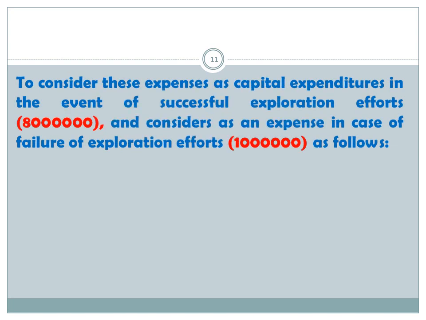We consider these expenses as capital expenditure in the event of successful exploration efforts, according to our example 8 million, and as an expense in case of failure of exploration efforts, 1 million, as follows.